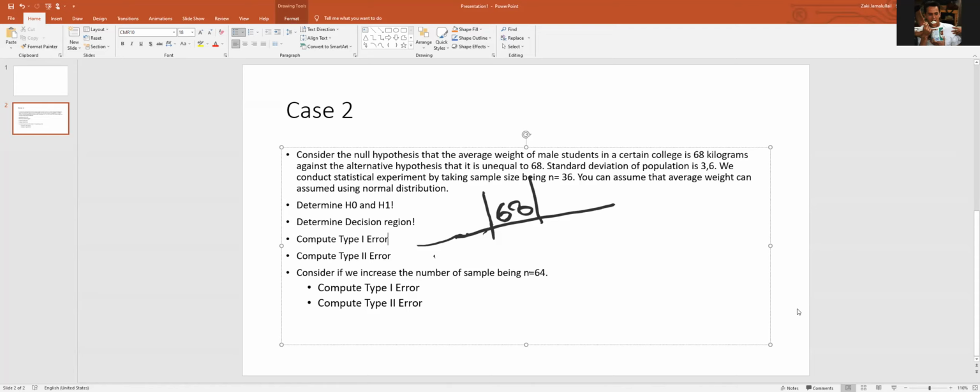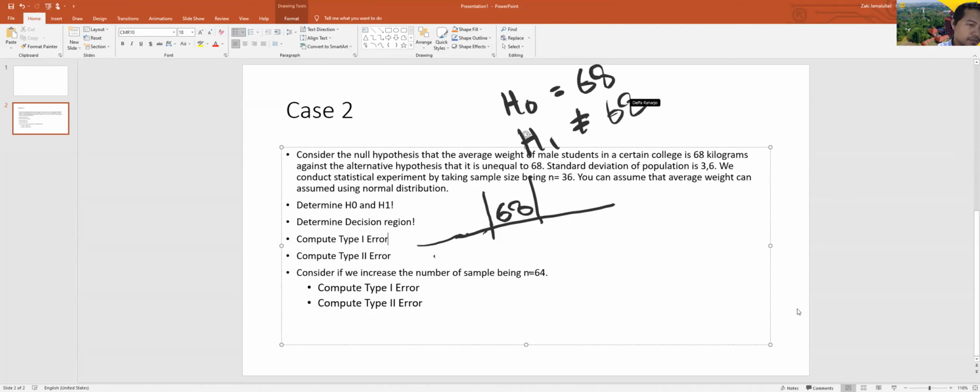Please write the null hypothesis and the alternate hypothesis first. Okay, that's correct. And then please determine the decision region.